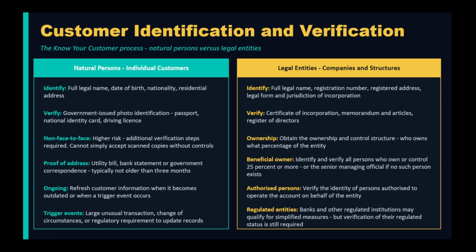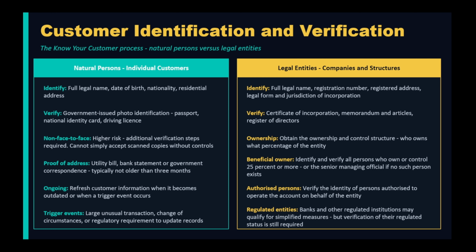You must also obtain the ownership and control structure, who owns what percentage of the entity, and you must identify and verify all persons who own or control 25% or more of the entity. We will cover this in detail in the next section on beneficial ownership.